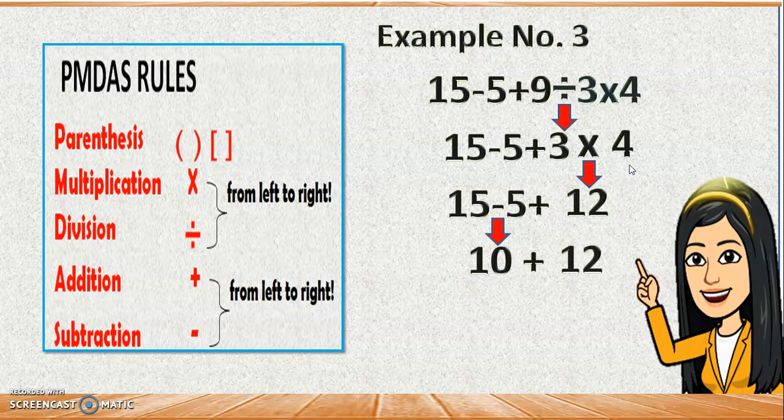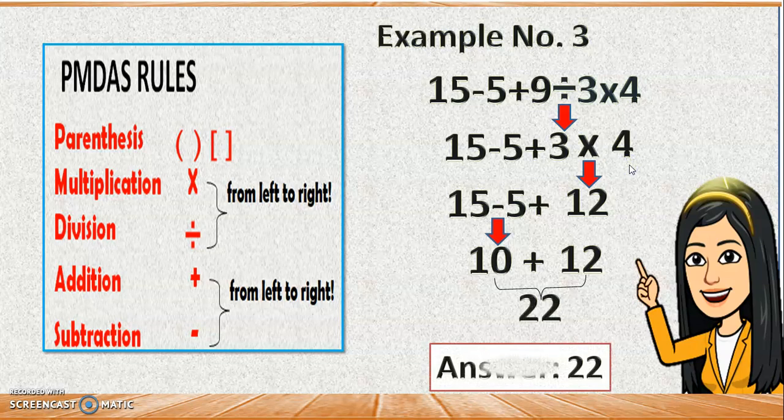Then, 10 plus 12 is equal to 22. The answer is 22. Diba? Napakadali. Kahit mahaba yung equation, basta always remember our PMDAS rules.